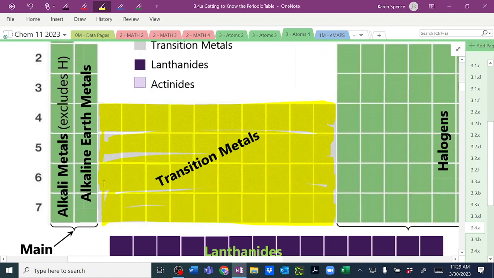I don't know if the actual shading came through for you. Do the transition metals look different than the other ones? Not really. Okay, I tried to make them look a little different. So if you want to put a box around it or something, you could say, here are my transition metals.